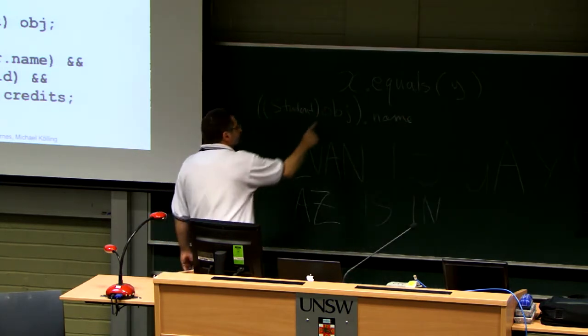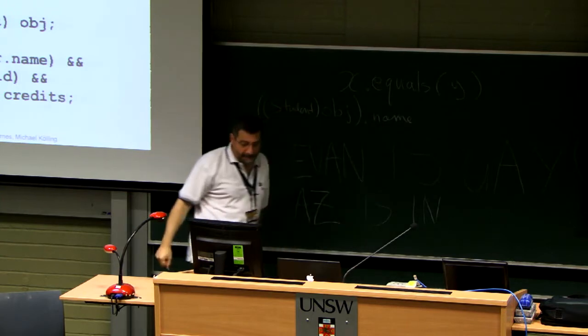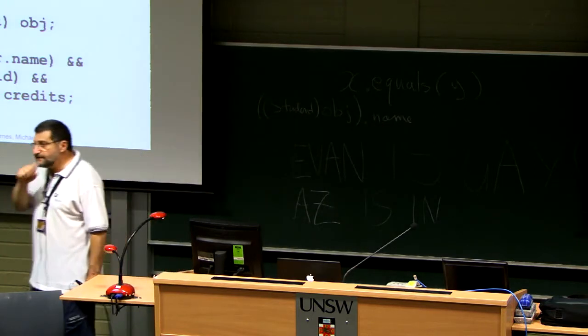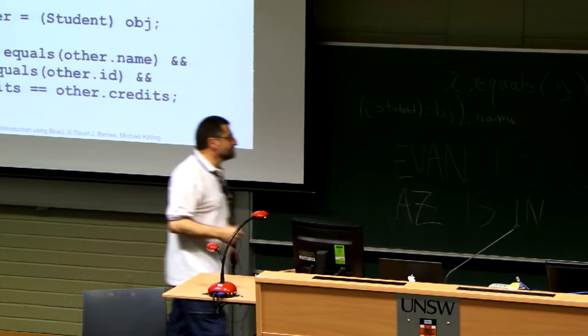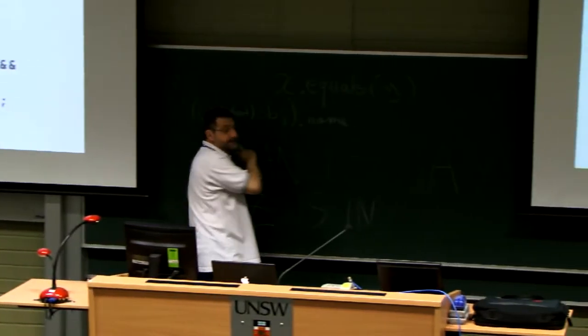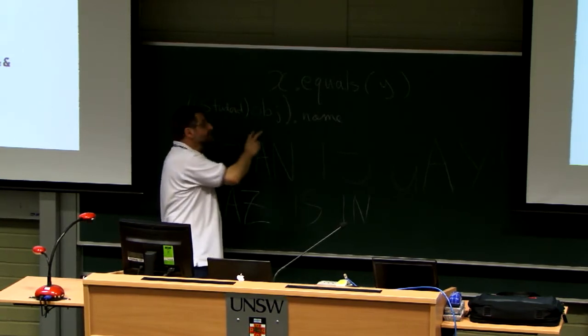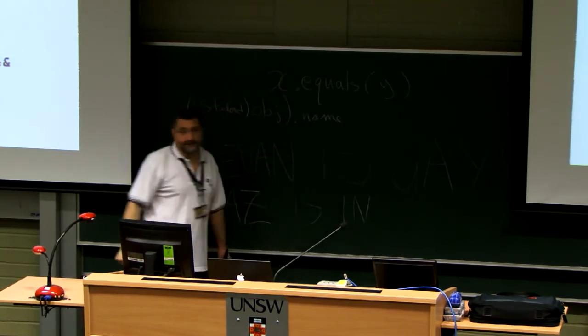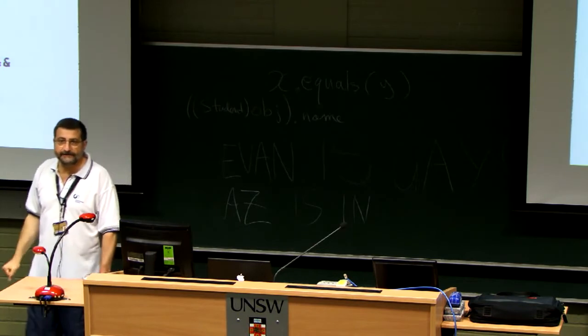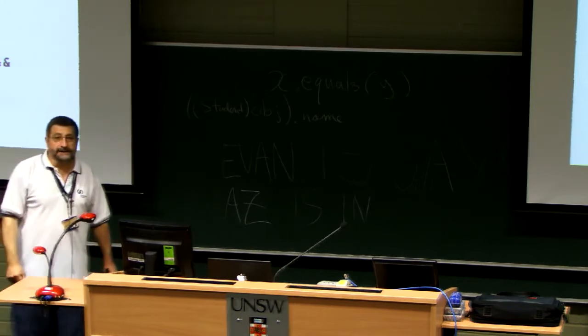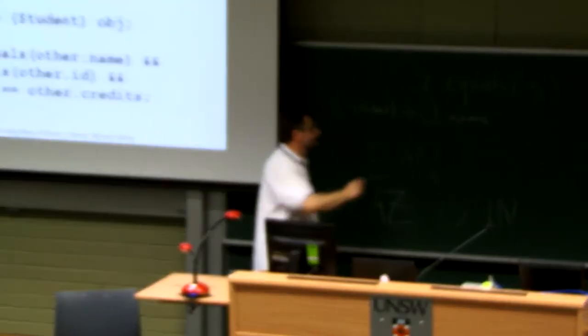Right? If I try to do obj.name immediately, then Java would object because the error message would be that obj, being just any object at all, doesn't have that field, or at least Java doesn't know about it.